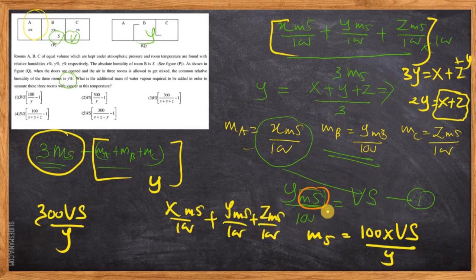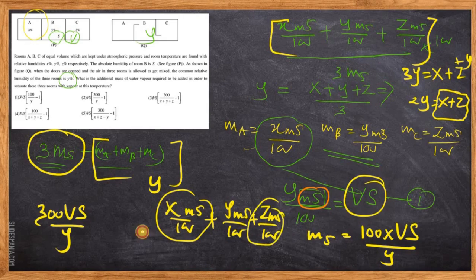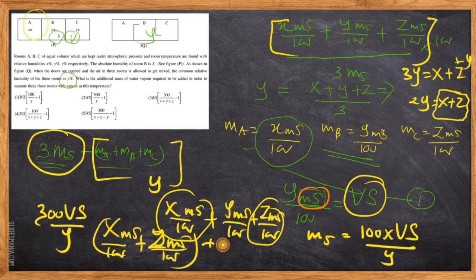You can see Y ms over 100 is Vs, and we can add these two like this: X ms over 100 plus Z ms over 100. Now we have added these two plus Y, and it's Vs.